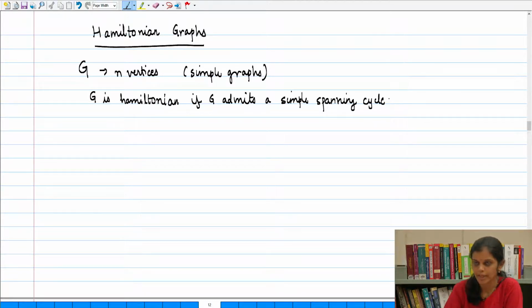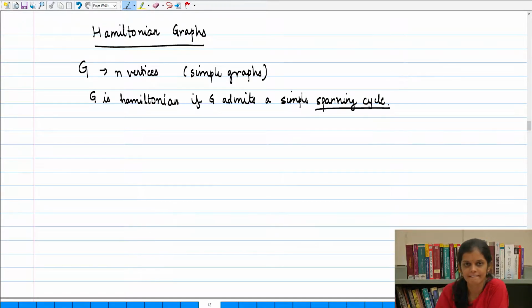What do we understand by a spanning cycle? A cycle that covers all the vertices. It is simple, it goes over every vertex exactly once. It starts at some vertex and ends back at that vertex, right? So this is the definition of a graph being Hamiltonian. If it does not admit such a cycle, it is non-Hamiltonian, right?